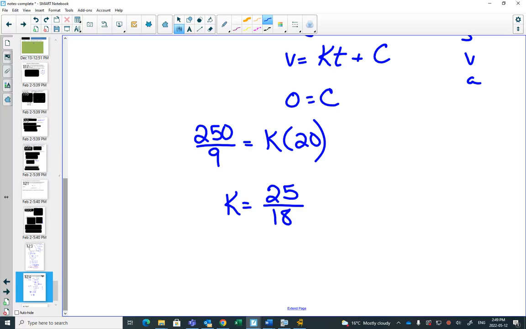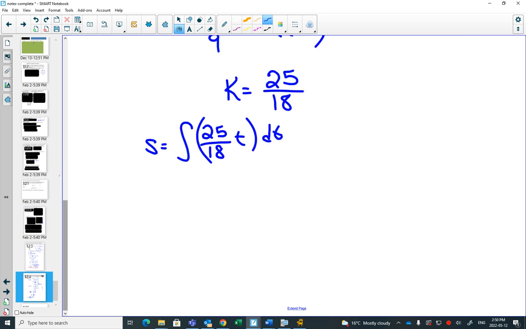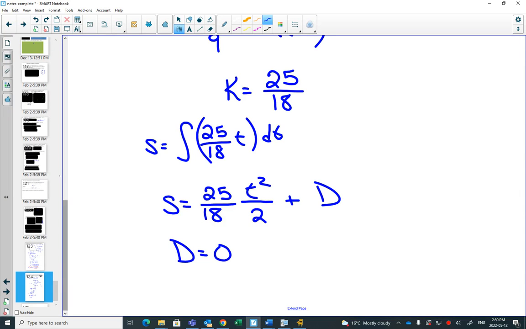Now that we have k, though, we can figure out that the displacement is the integral of our velocity, which we now know is... add 1 to our exponent and divide, plus d. And again, since we know time is 0 and displacement is 0, we know that our d value is equal to 0.